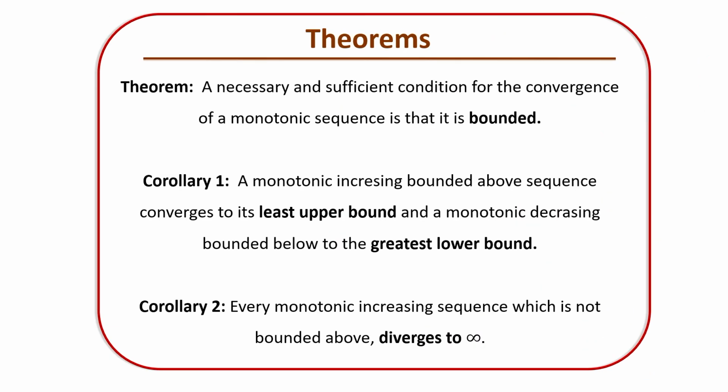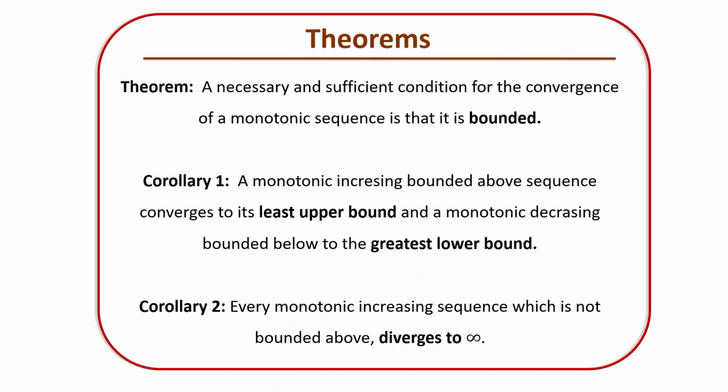Now some of these theorems are quite useful for you, and they must be remembered; the results are applicable everywhere to investigate the convergence of given sequences or subsequences. A necessary and sufficient condition for the convergence of a monotonic sequence is that it is bounded.